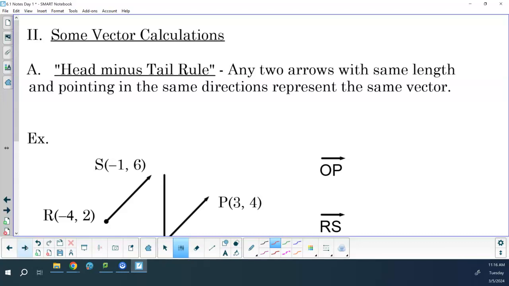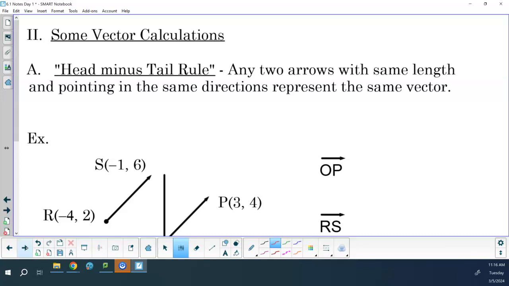So we have some vector calculations that we will be dealing with. The first one is the head minus the tail rule. Any two arrows with the same length and pointing in the same direction represent the same vector. Okay? And so we find that we don't have to worry about finding angles, finding distances, any of that.